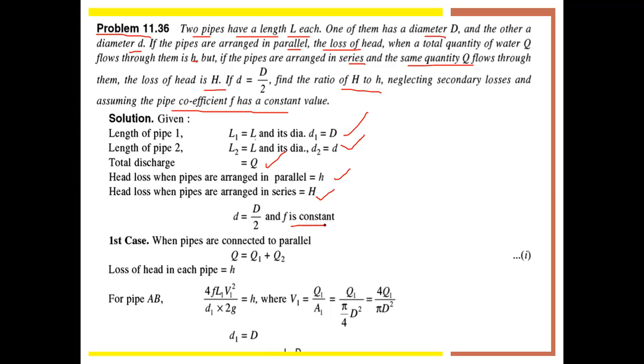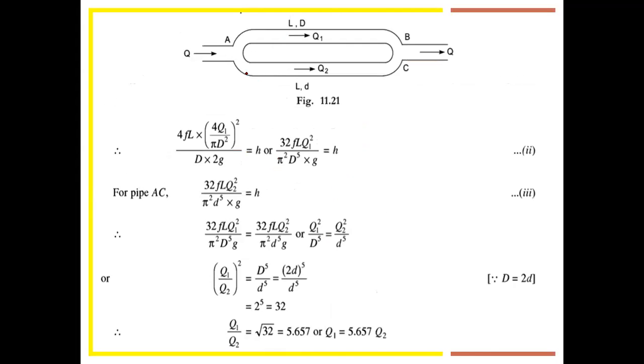Taking the two pipes, take the first case, when the pipes are connected in parallel. Total discharge Q is equal to Q1 plus Q2. Then the loss of head in each pipe is small h. Therefore, consider a pipe AB. So this is the figure according to the question.